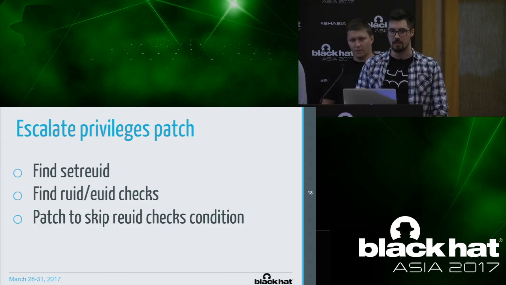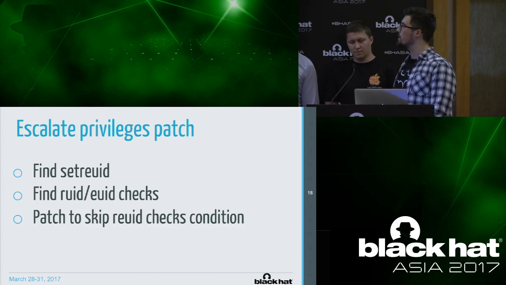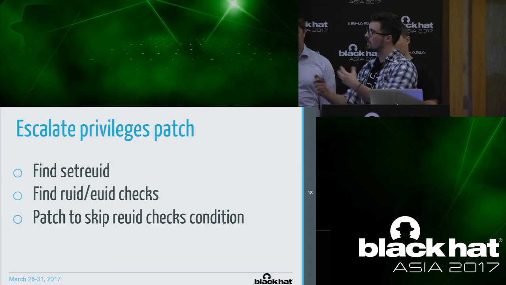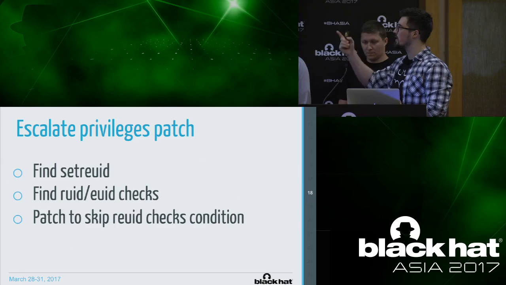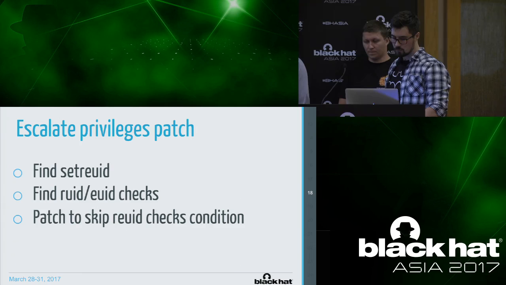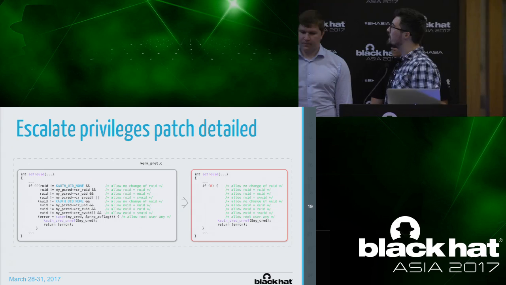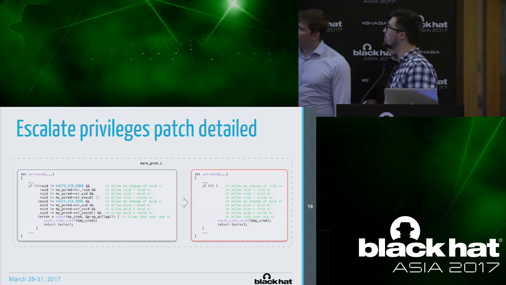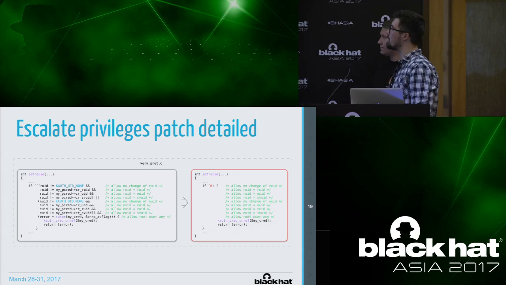A pretty popular way, if we bypass the kernel patch protection to patch the kernel directly, is the setreuid syscall, where there is a check comparing the real UID with the effective UID. There's a set of these checks. All we need to do is find it in the setreuid function and patch it to skip this condition altogether. This is how it looks. In the setreuid function there is a set of checks comparing real UID with effective UID, and all we need to patch is to make sure the code will not jump into this condition.